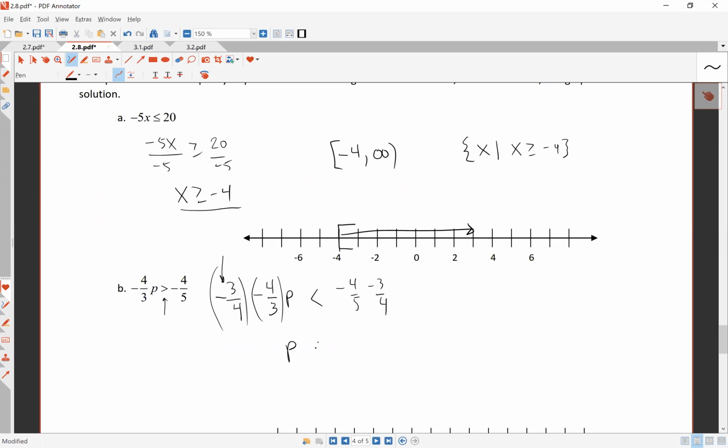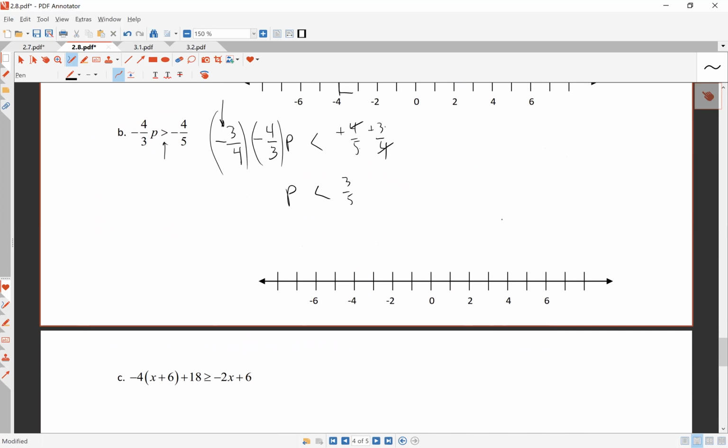You get p is less than, this 4 cancels this, and we're left with the negatives going 3/5. So 3/5 is 0.6. We go to 3/5, everything to the left of that, and we use a parenthesis to denote not included.